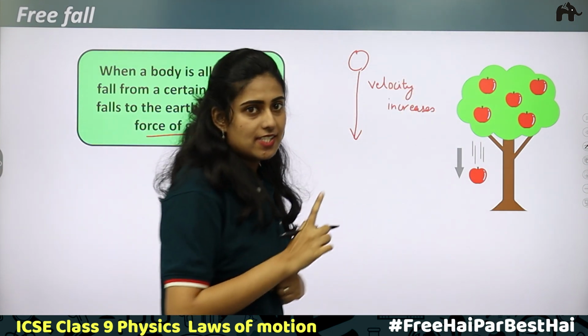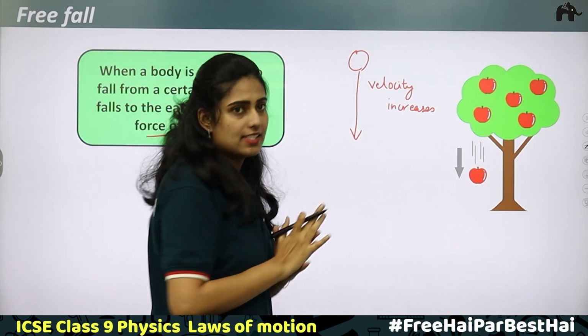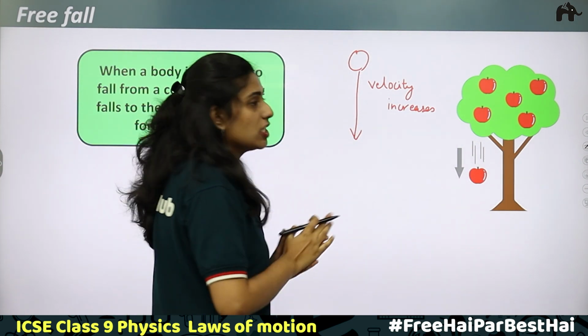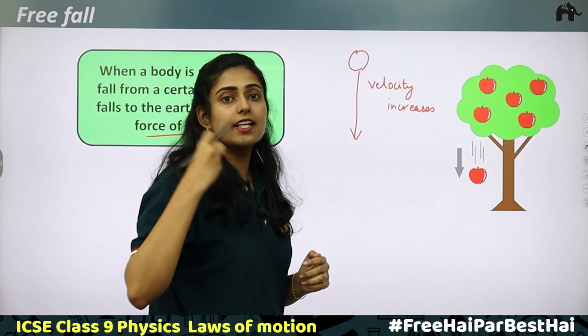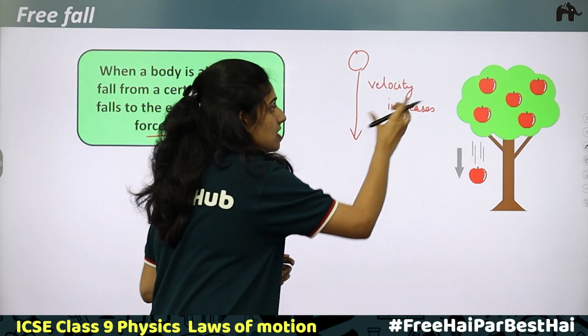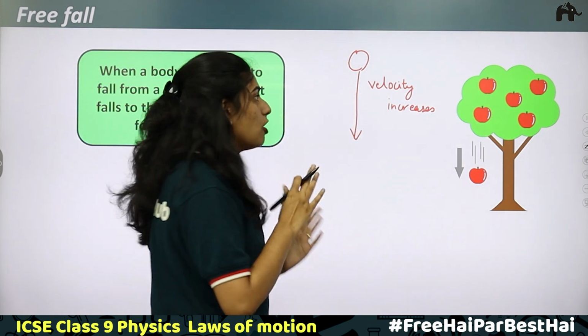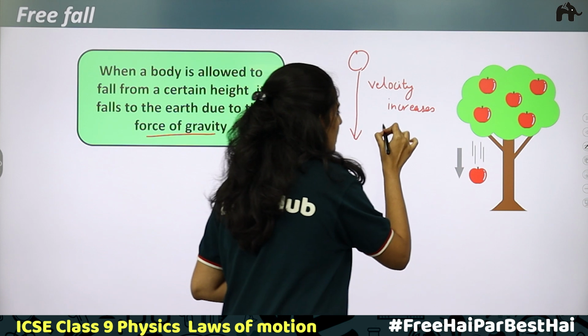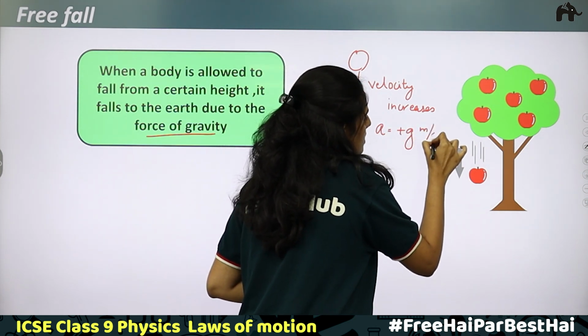Due to this force, there is an acceleration and this acceleration will be a constant value. This is an example of uniformly accelerated motion, that is, velocity increases at a uniform rate. The acceleration here will be positive g meter per second square. What is g?